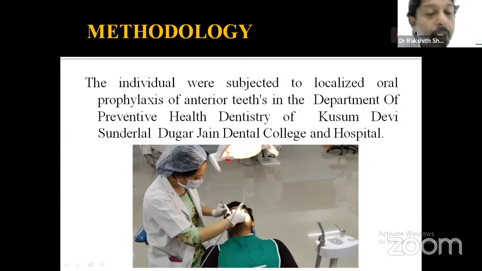I need to make it more valuable, and the sample size has to increase. Right now I'm just with 90 patients. I might even increase the number to come to a proper conclusion. Anyway, we have got results in these 90 patients itself. The individuals were subjected to localized oral prophylaxis of anterior teeth in our department of preventive healthcare dentistry.